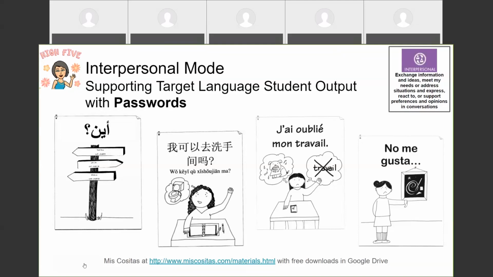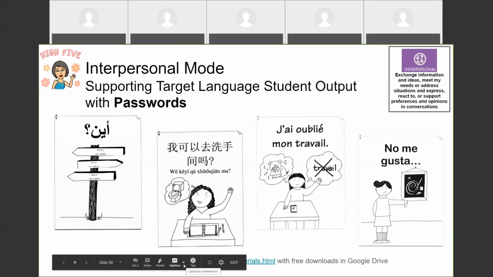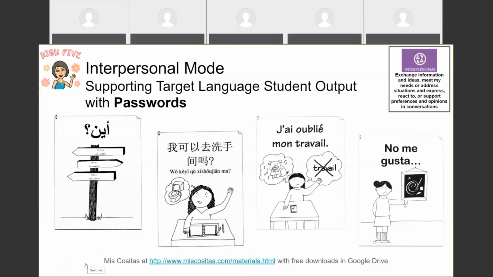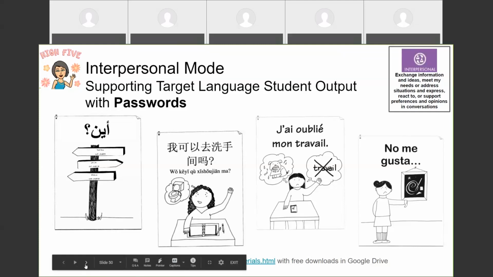But it's a language chunk that they can learn and memorize, such as, I need help, I don't understand, can I go to the restroom? I need pencil or paper. I don't like something. Just those common phrases, questions, and responses that they need in the classroom in order to stay in the target language as much as possible and have their needs met.